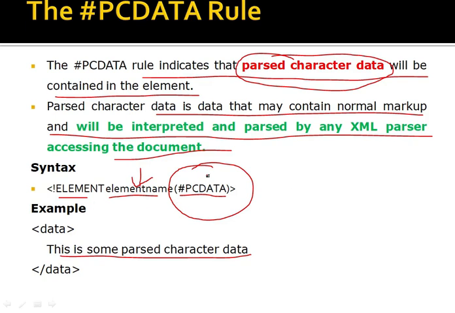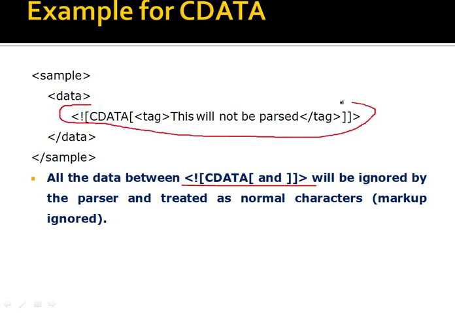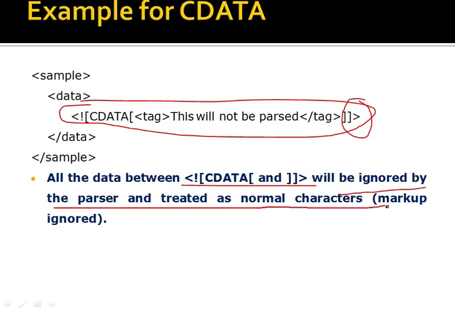Then as I told you, we can also have CDATA. All the data between the CDATA start and its close tag will be ignored by the parser and treated as normal characters.